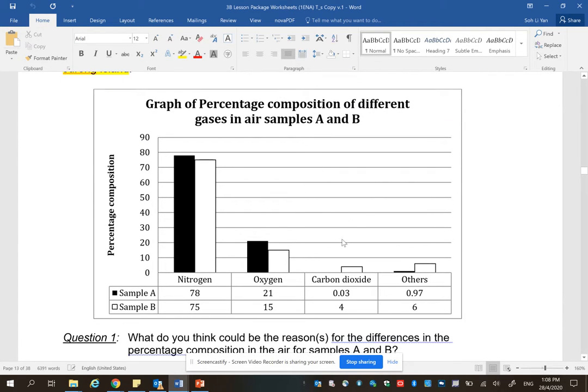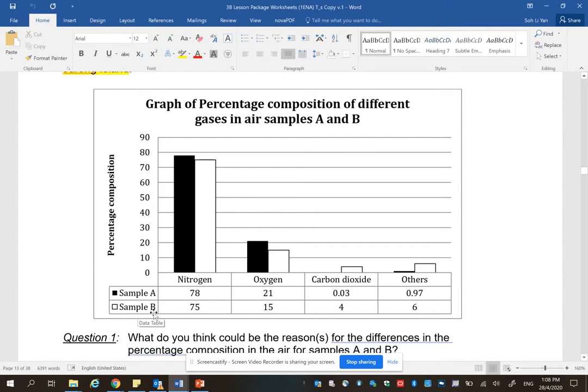So let us analyze this table, which shows the analysis of the different percentages of the different types of gases in the air. Sample A from the nature reserve comprised 78% nitrogen, oxygen 21%, carbon dioxide 0.03%, others can be other gases.